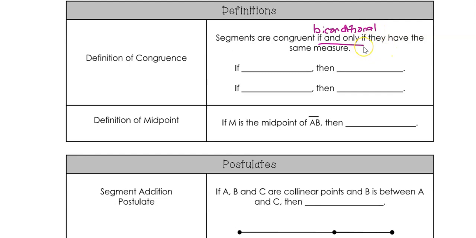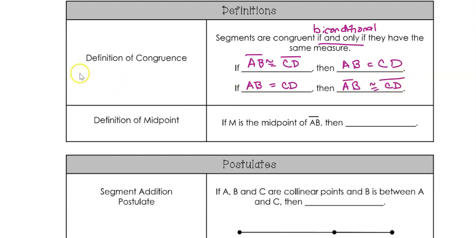So we're going to have two conditional statements. One where we say that if the segments are congruent, so if segment AB is congruent to segment CD, then the lengths are equal. And also, if the lengths are equal, then I can say that the segments are congruent.